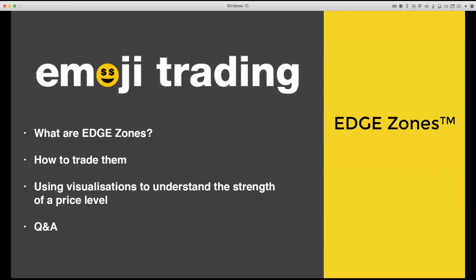The purpose of using a computer and technology in your trading is to make your life easier, keep your brain free, be more productive, and do the heavy lifting that's hard for you to do as a human. So everything we have at Emoji Trading is really tools put in your toolbox, and unless you understand how a tool works and how to use it, you can't be adept and proficient at using it.